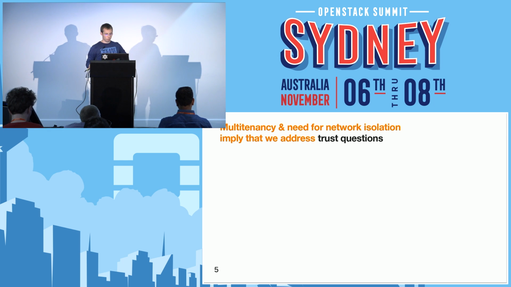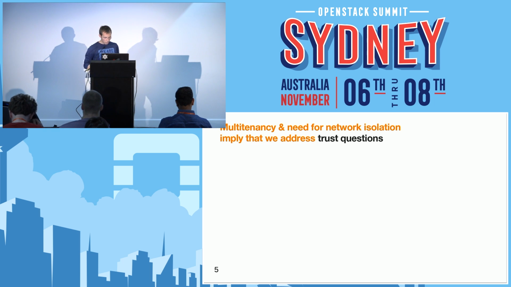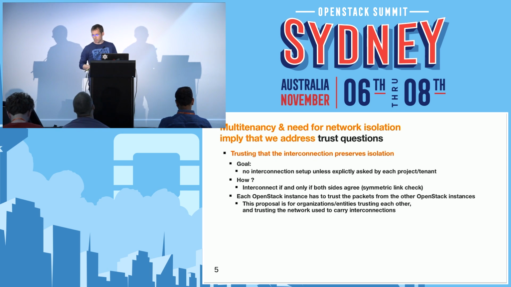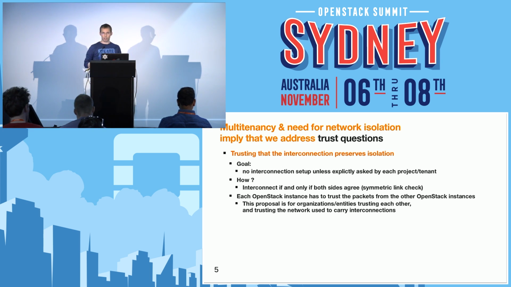So we are talking about multi-tenancy and needs for network isolation. This raises obvious trust and security questions, and there are two that I need to talk about. The first one is we need to trust that the interconnection will preserve isolation, of course. And here, with these ideas, it means that we don't want to have an interconnection set up unless this was explicitly asked by each project or tenant.